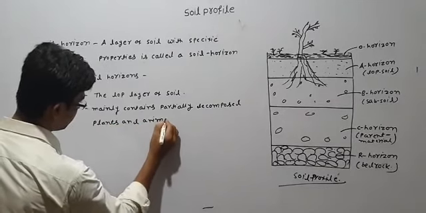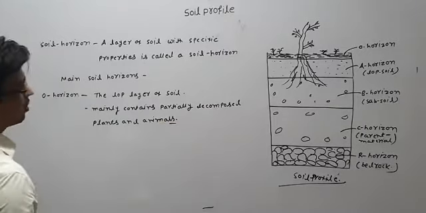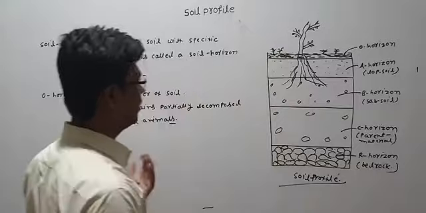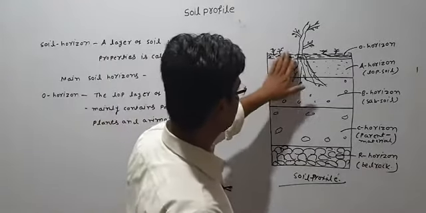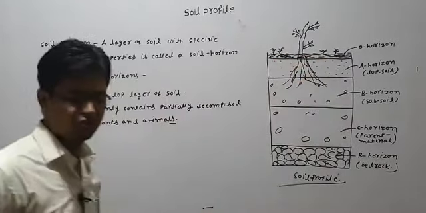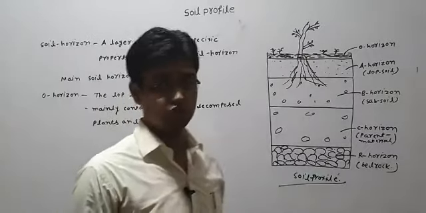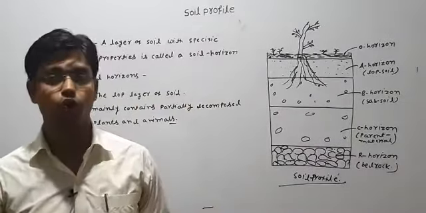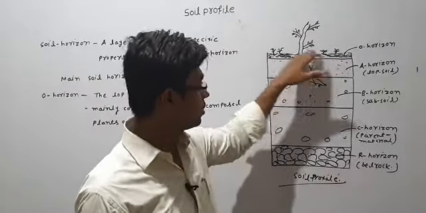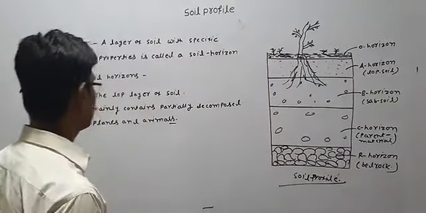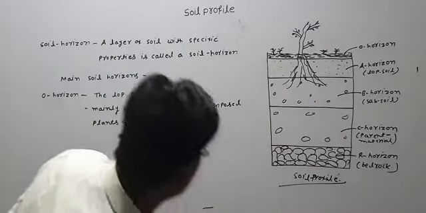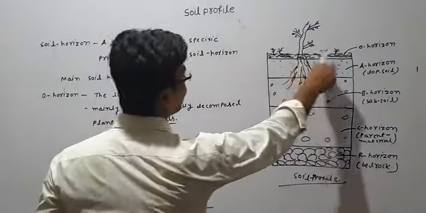Okay, so at the top layer this one is O horizon is present, and actually plants and animals when they die and decompose partially, that is present in this layer, uppermost layer. You know humus is very important, we understand this humus, dark color substance that is important for growing plants. So this one is present at the top there, this humus is found there. Okay, and it is also present in, so this is the main thing here, O horizon.